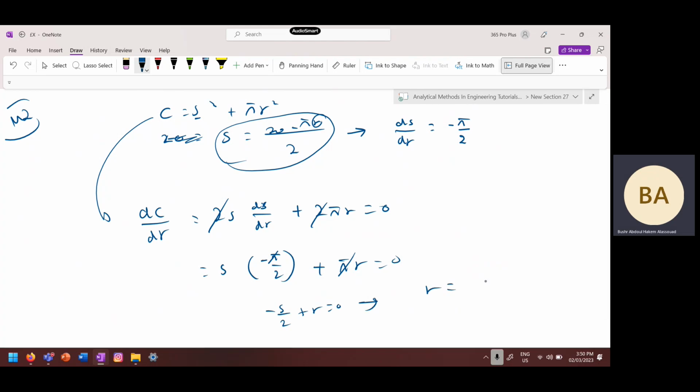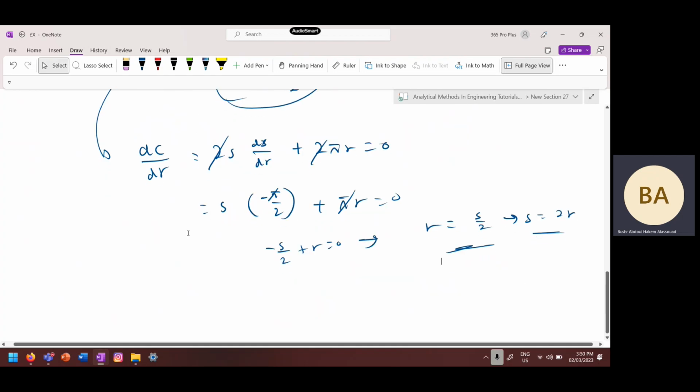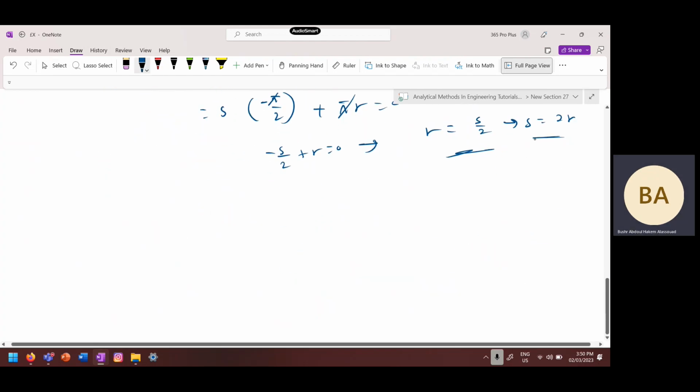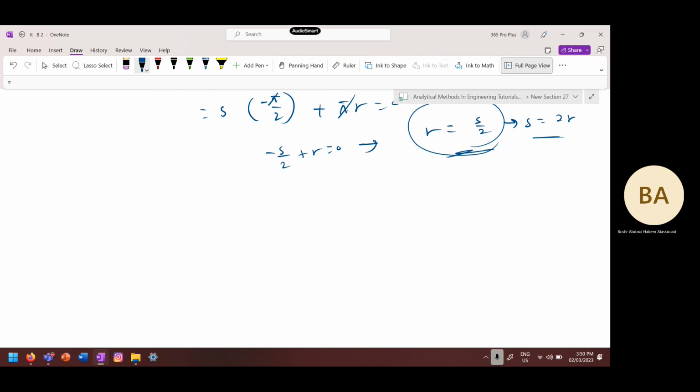So this means that r is equal to s over 2, or s is equal to 2r. Both are the same. You can use any one of them. Now substitute the newly found value here, or this, depends on you. I'll choose the second one, personal preference.